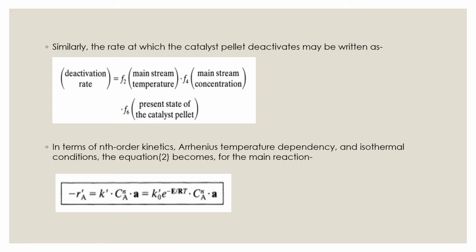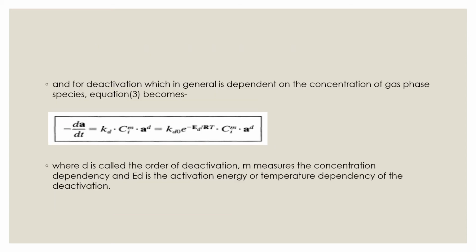Now, in terms of nth order kinetics, Arrhenius temperature dependency, and isothermal conditions, equation 2 becomes, for the main reaction, minus r dash A equal to k dash multiplied by C_A^n times a, and this is the reaction rate.